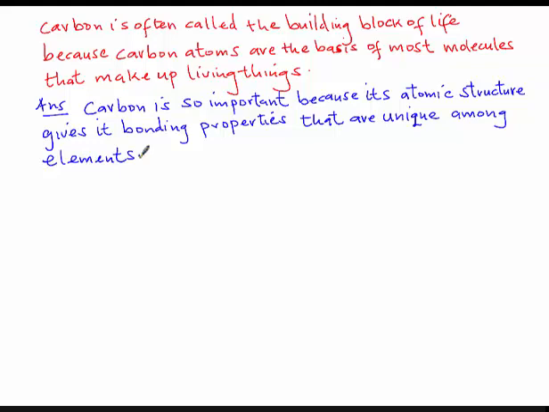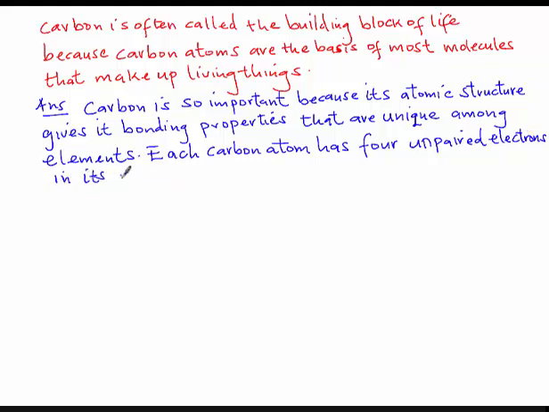Each carbon atom has 4 unpaired electrons in its outer energy level.